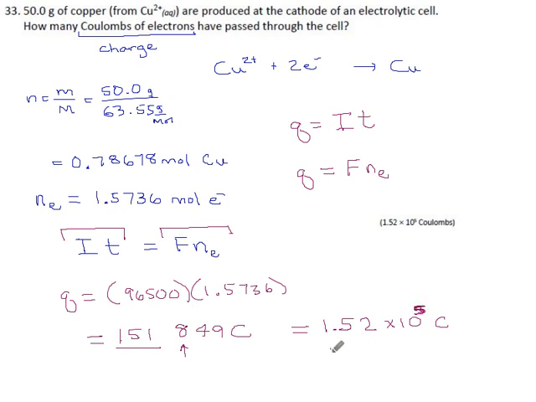Or the other option is I could say 152 kilocoulombs. Awkward unit, but it does work. It's metric. A kilocoulomb is 1,000 coulombs. So take this number, divide by 1,000, round it properly, and you get 152.